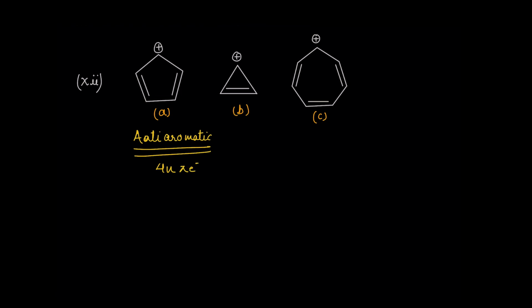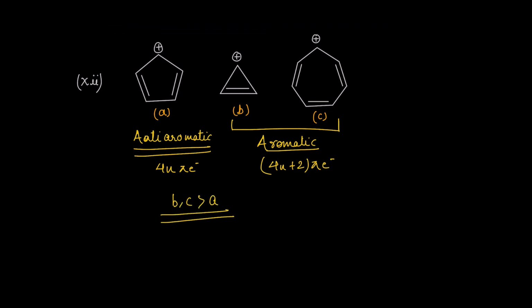B and C are aromatic because the conditions are, it should be planar, cyclic, closed loop of resonance, and 4n plus 2 pi electrons. Then we can say aromatic compounds are very, very stable as compared to anti-aromatic compounds. Therefore, B and C are more stable than A.